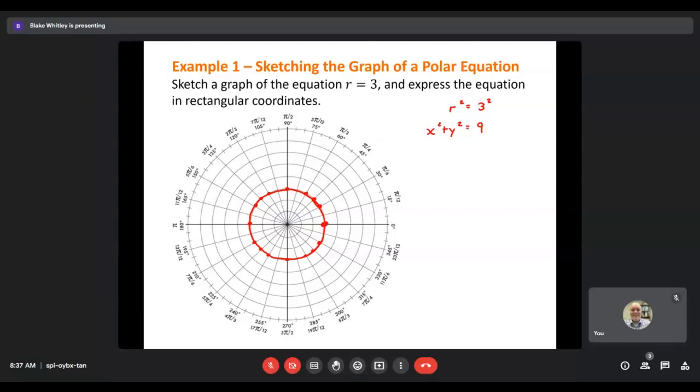So our equation in rectangular form is x squared plus y squared equals 9. If you remember back to pre-calculus, x squared plus y squared equals some value is the equation of a circle. The center of that circle should be at 0, 0, and the radius is the square root of the number we have there. The square root of 9 is 3. That's why we end up with a circle centered at 0, 0 with a radius of 3.